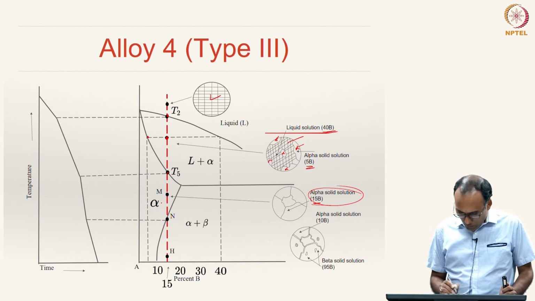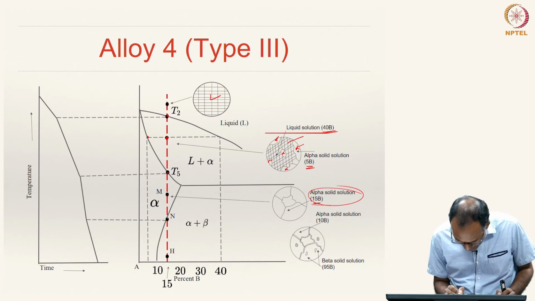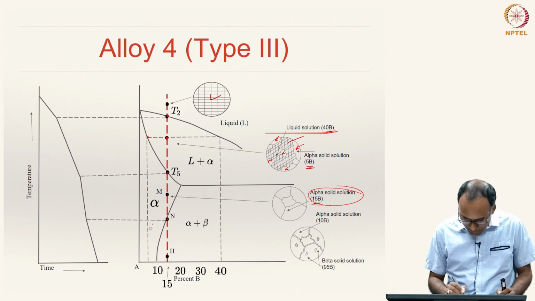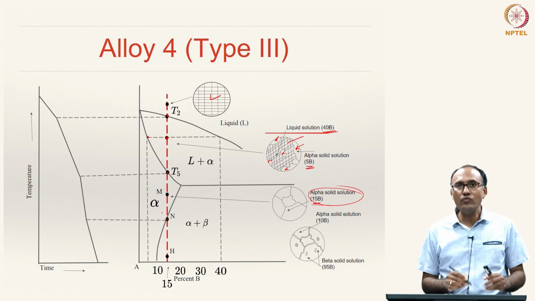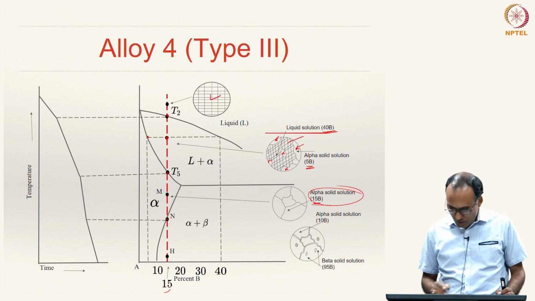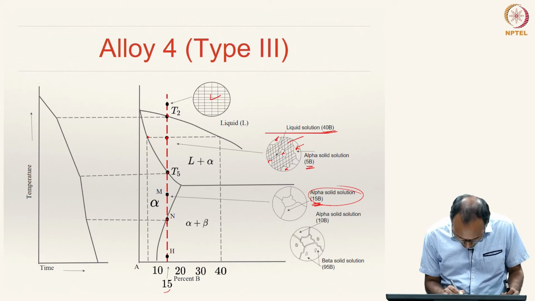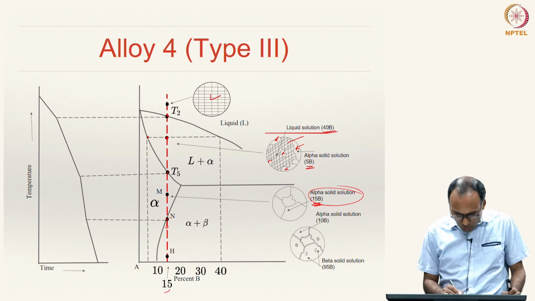what happens at N when you are further cooling it down? The moment it reaches point N, the solubility limit has reached saturation. So, that means at N it can have 15% B, and we already have 15% B, so that is saturated. If you cool it down below this temperature point N, what happens?